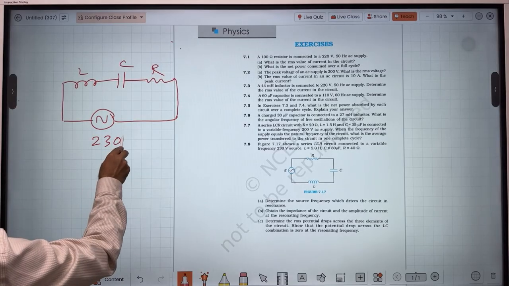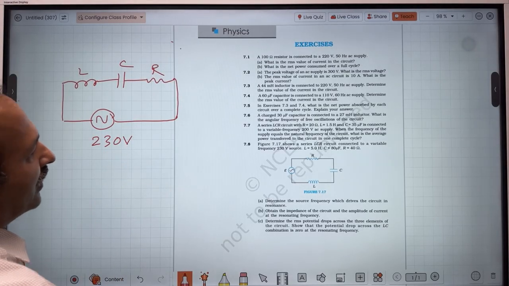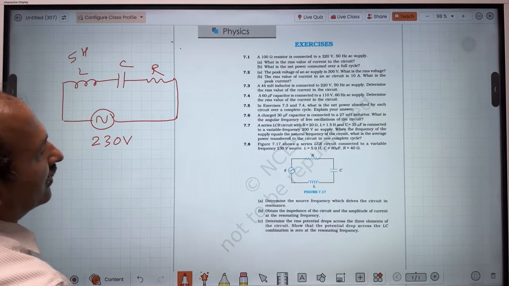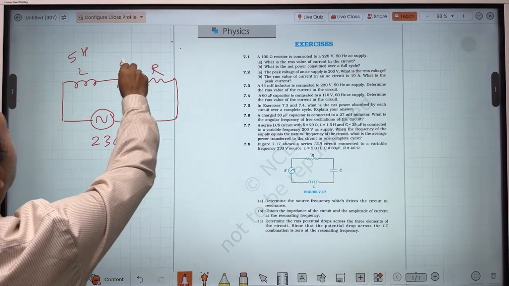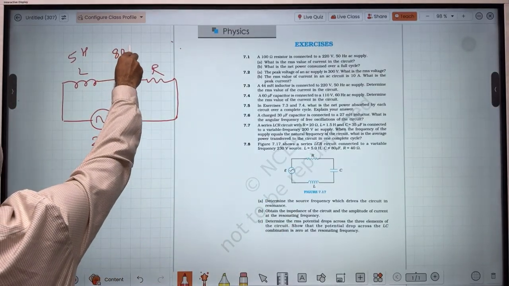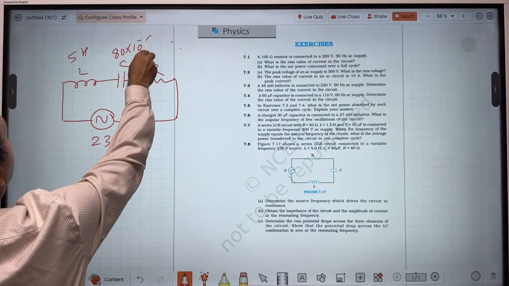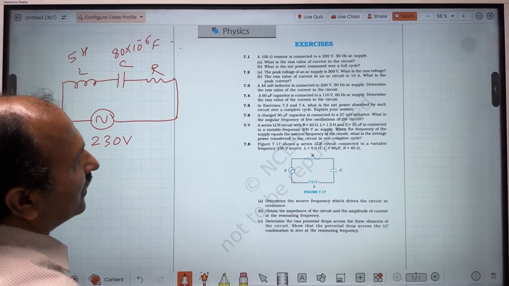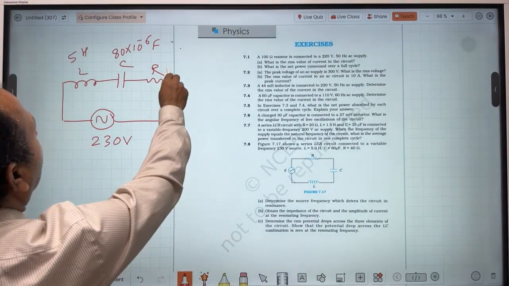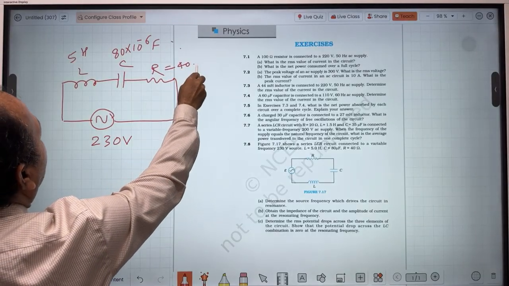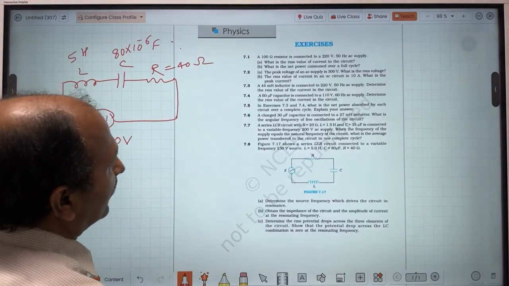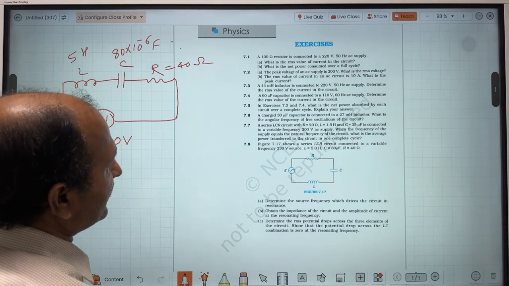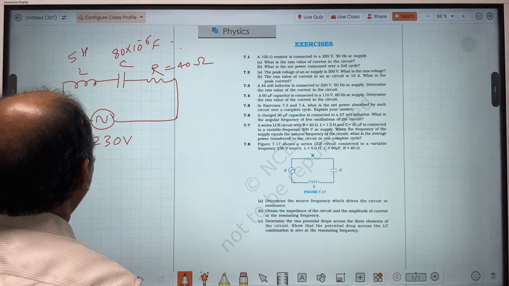Supply voltage is 230 volt and L is 5 Henry, C is 80 into 10 to the power minus 6 farad, and resistance is 40 ohm, right? What is to be found? Determine the source frequency which drives the circuit into resonance.